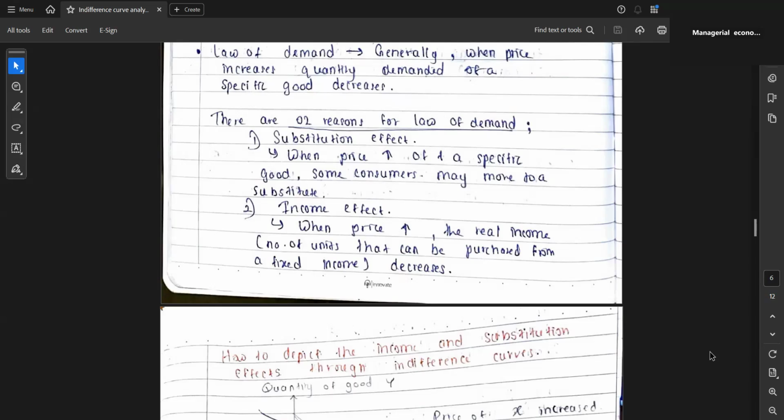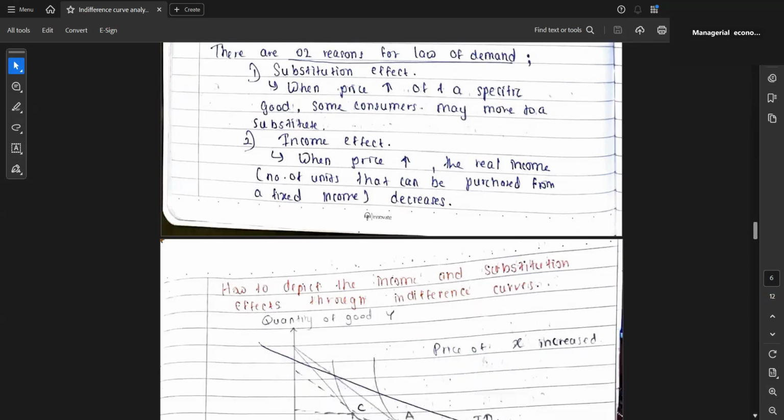The income effect is when the price increases, the real income of the consumer decreases, and therefore the consumer, even if he's willing, cannot purchase the same quantity as before, and has to reduce the quantity demanded. This is the income effect and substitution effect.